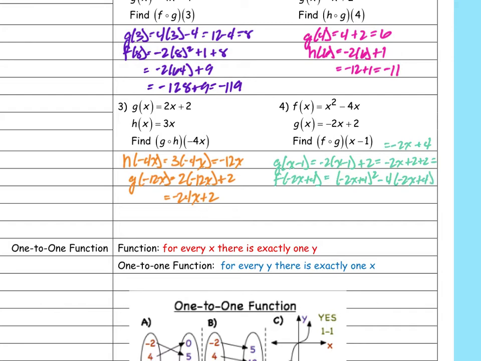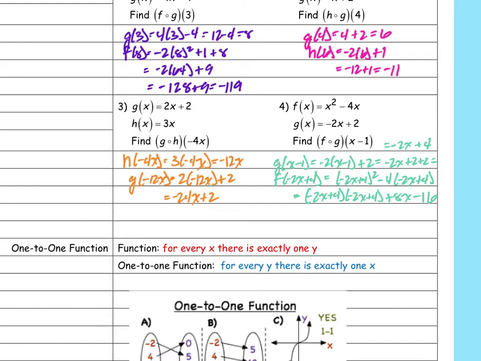And then we get negative 2x plus 4 times negative 2x plus 4. Let's see, that's plus 8x and minus 16.